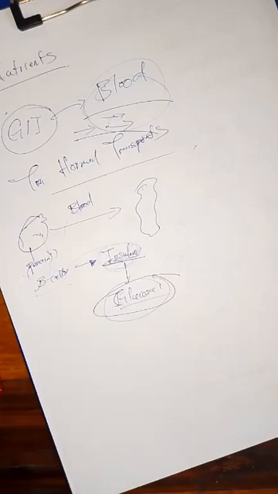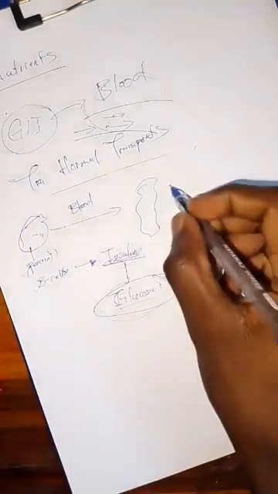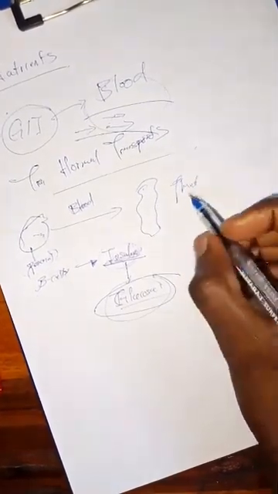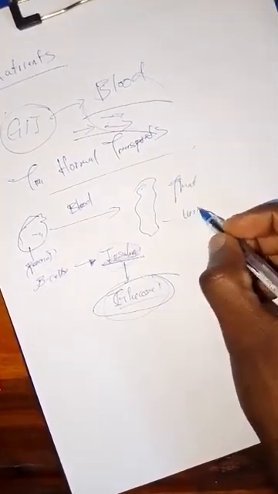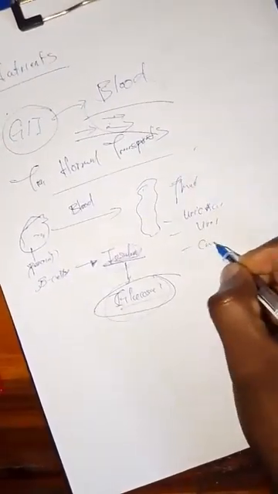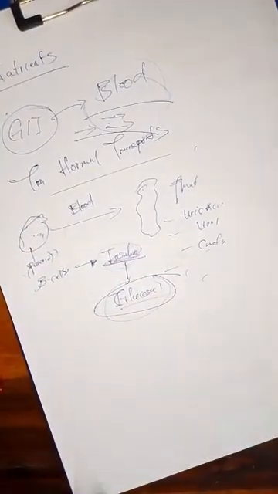Then we can also look at the transportation of metabolic waste. Metabolic waste can be uric acid, urea, creatinine, and so on. Those metabolic products should be taken out.